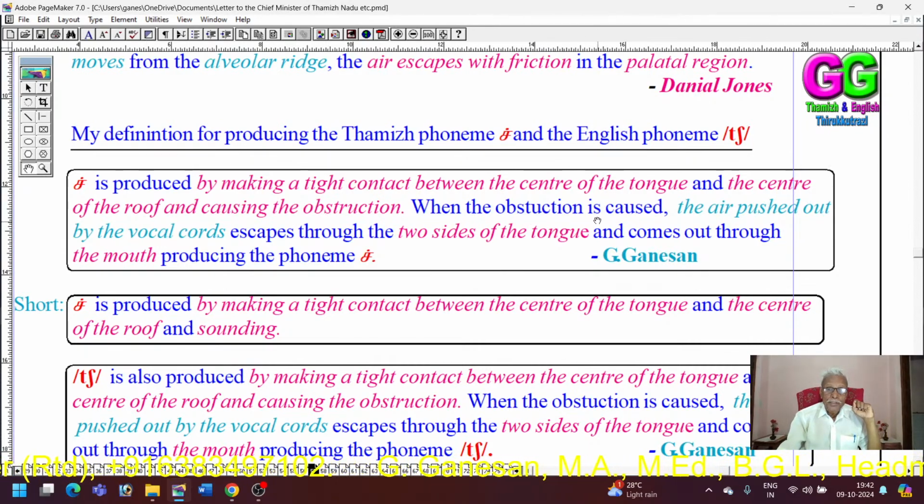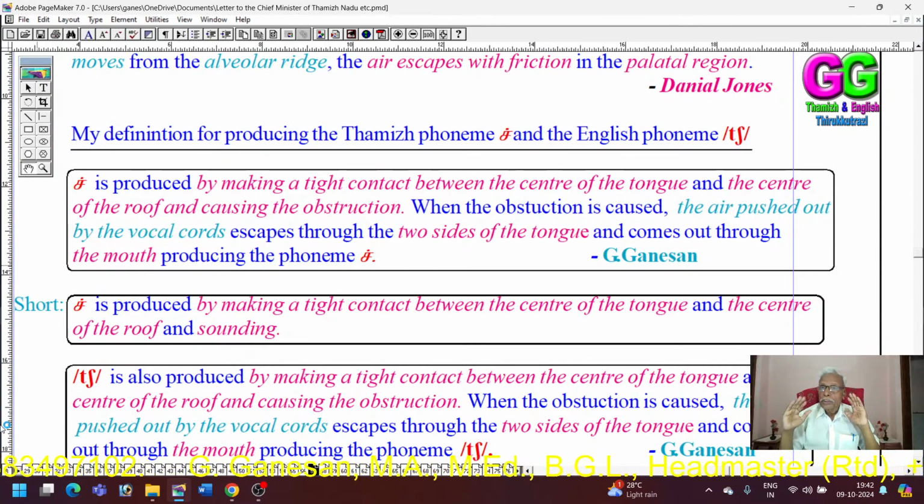When the obstruction is caused, the air pushed out by the vocal cords escapes through the two sides of the tongue and comes out through the mouth, producing the phoneme "ch". This is my definition.